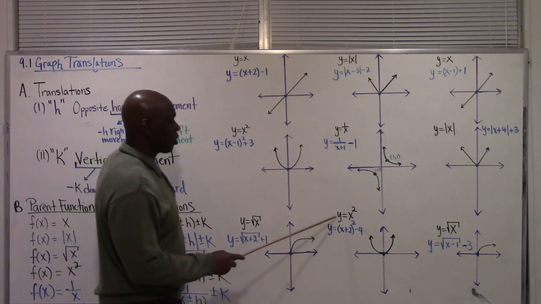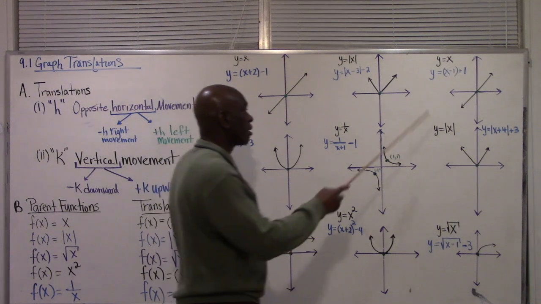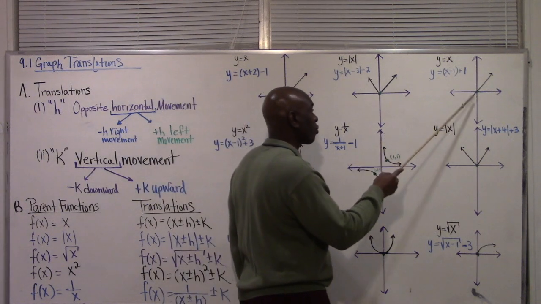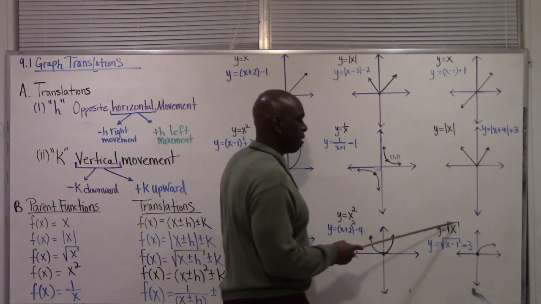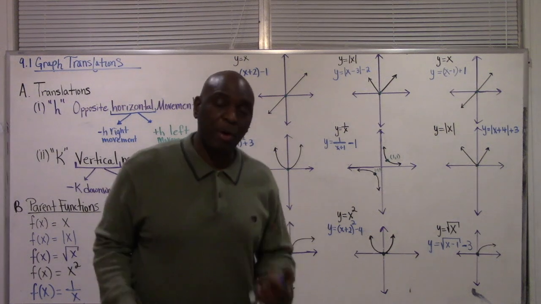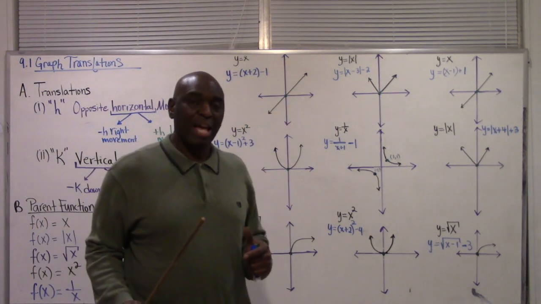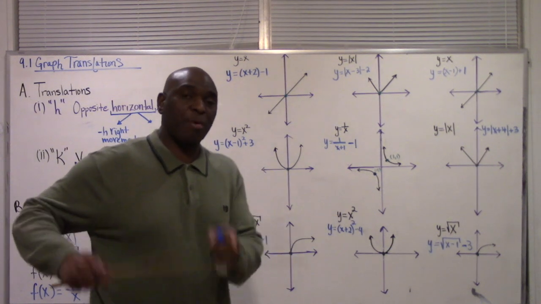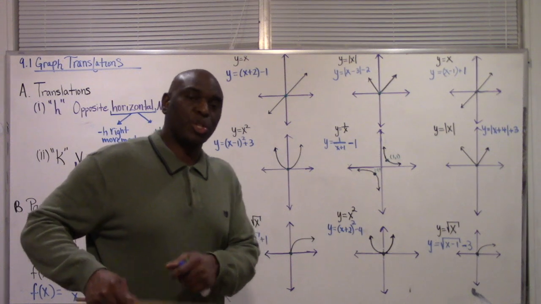So the parent function is black, and the graph is in black. I'm giving you all the parent functions in black. I need you to take every parent function and translate it to the blue function.